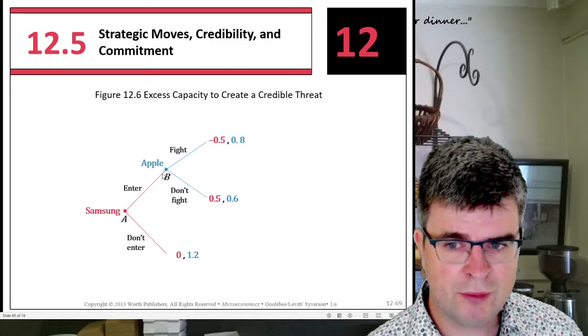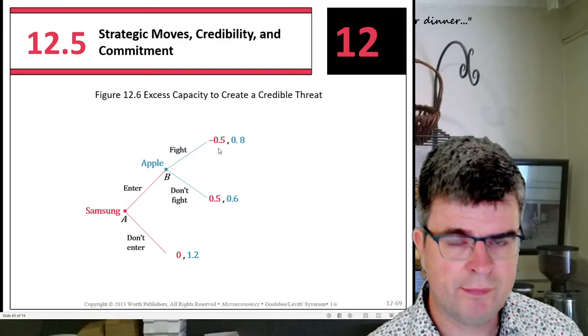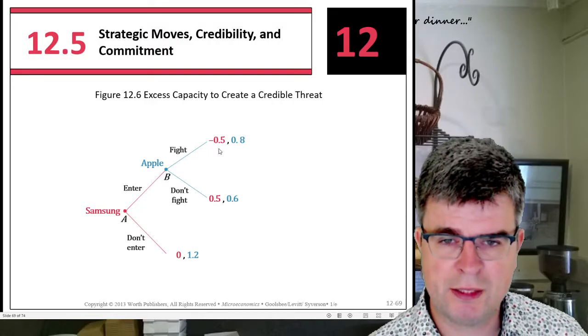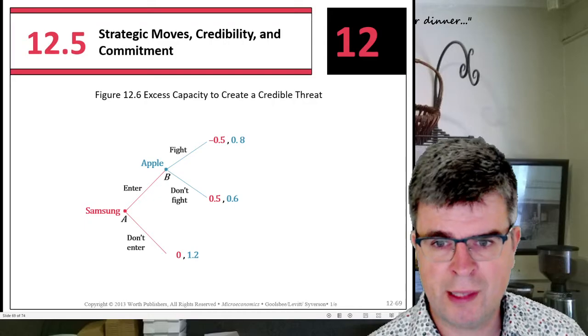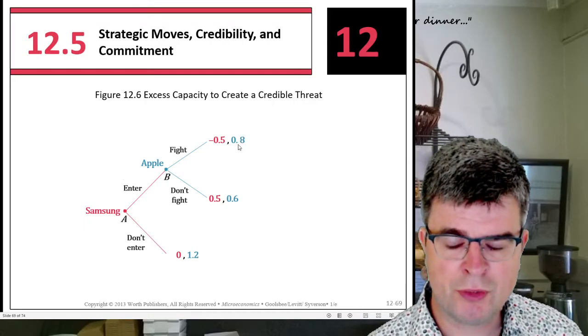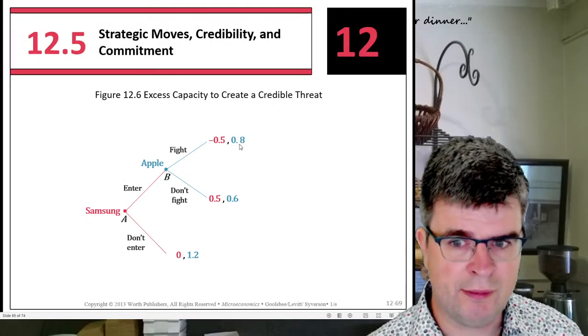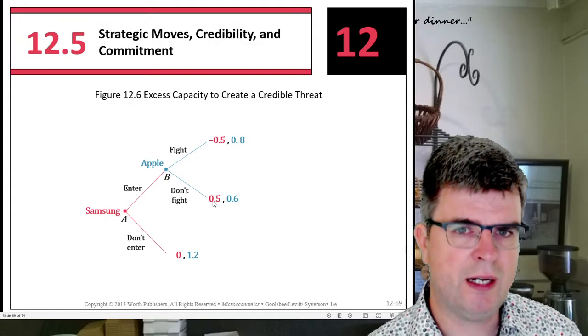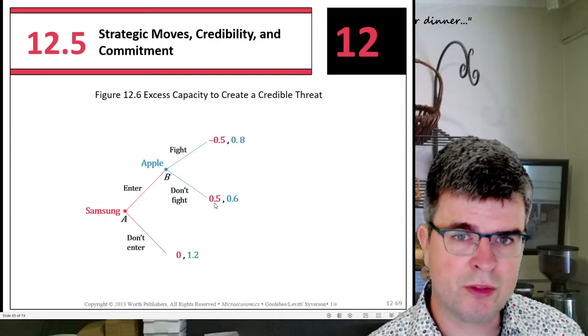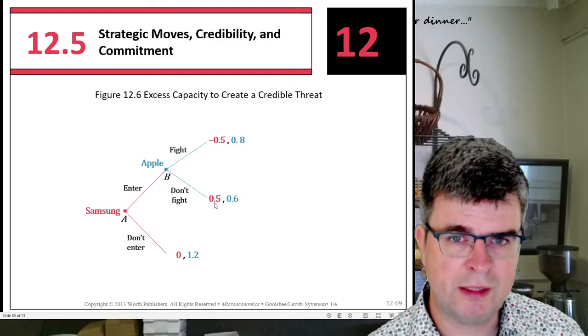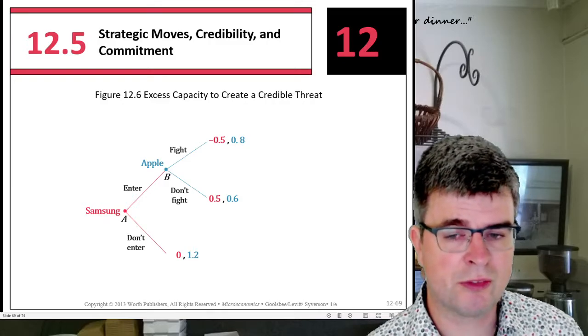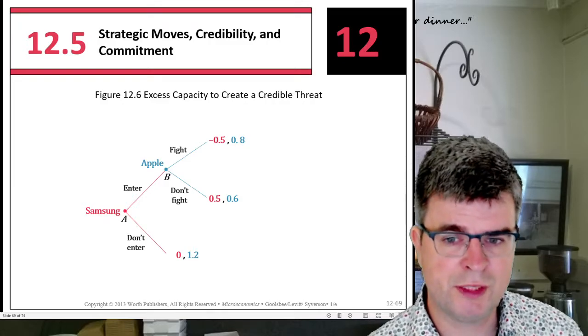But if Samsung enters and Apple starts to fight, and it can use this excess capacity to produce extra tablets, then Apple's profits will be 0.8. And if it doesn't fight, then it will not use the excess capacity to produce extra tablets, and its profits will be 0.6.